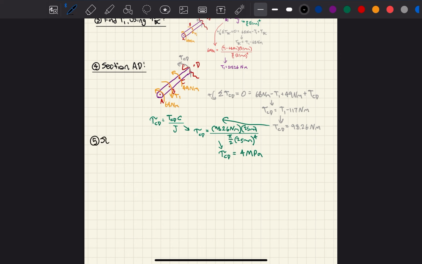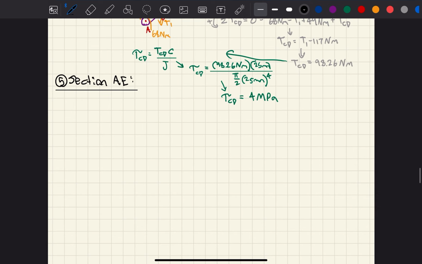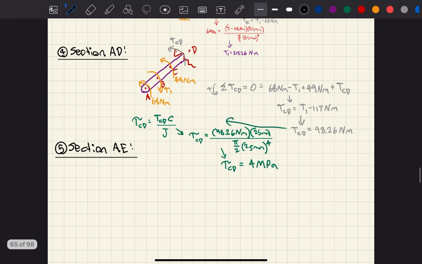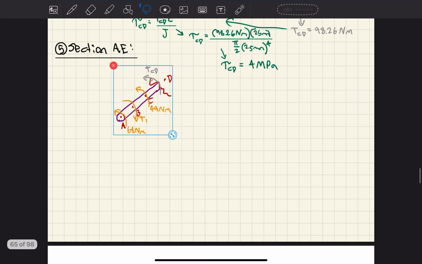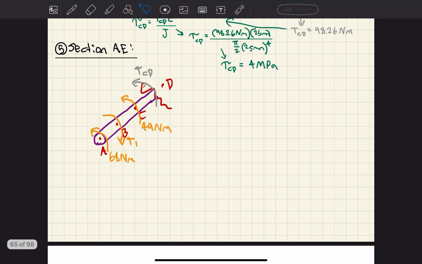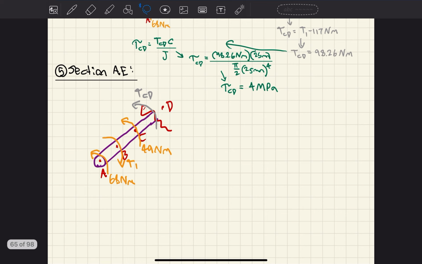Section DE, or AE. So it's going to be messy if I copy it. I'm going to copy it. Just erase this.